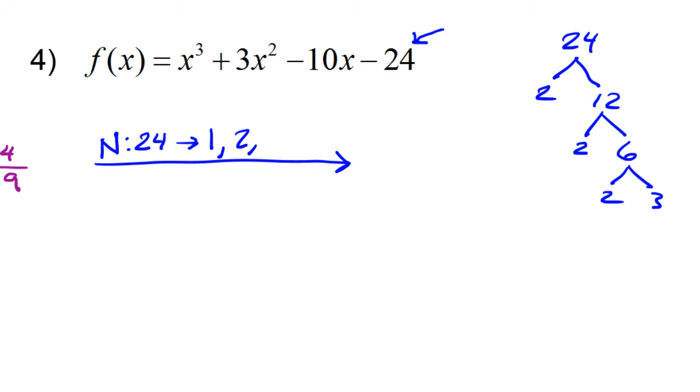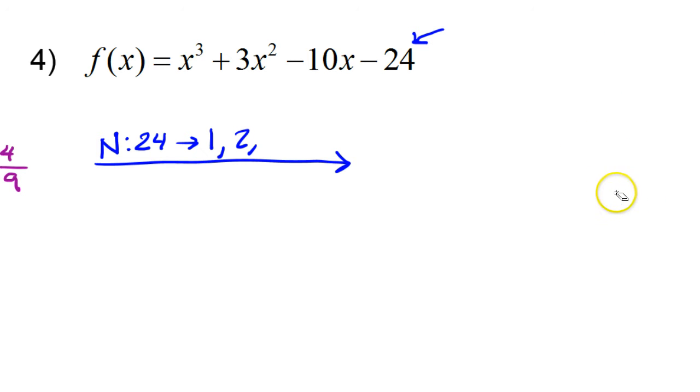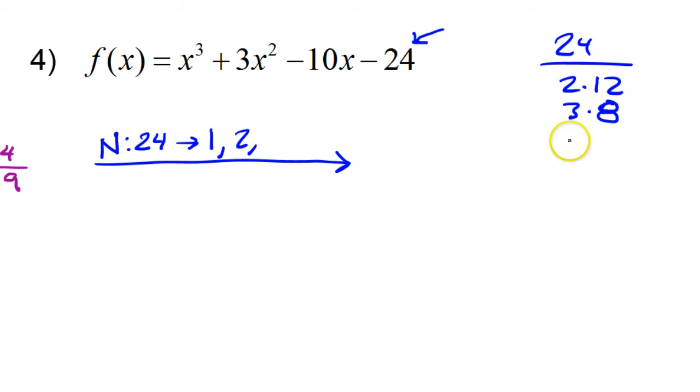In fact, maybe I won't do it that way. Let's just think about all the ways I can get 24. It could be 2 times 12, or 3 times 8, or 4 times 6, or 1 times 24. All right, I think that's all of them.